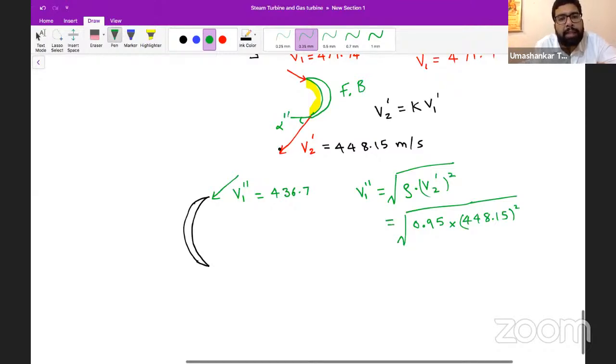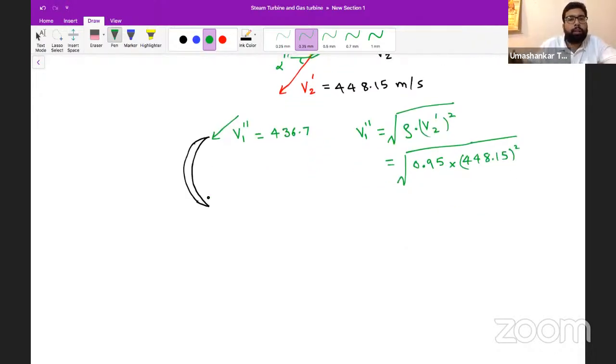This is the exit angle of the fixed blade. So with this angle only, our steam is going to enter the next row of the moving blade.